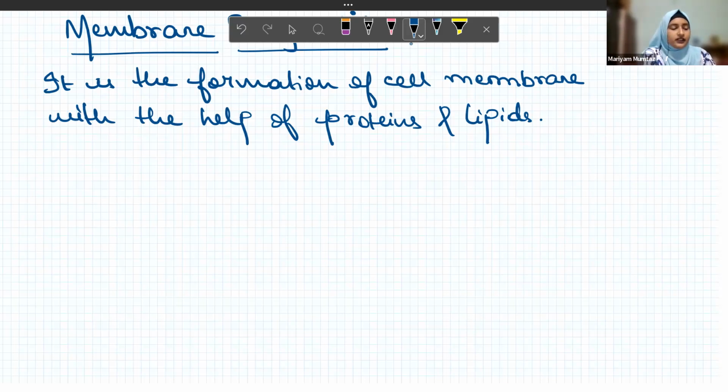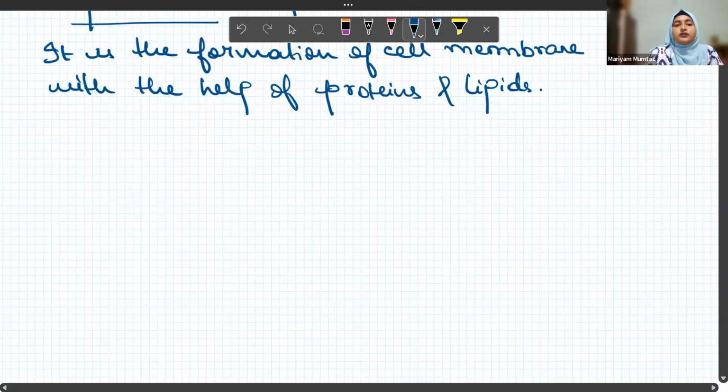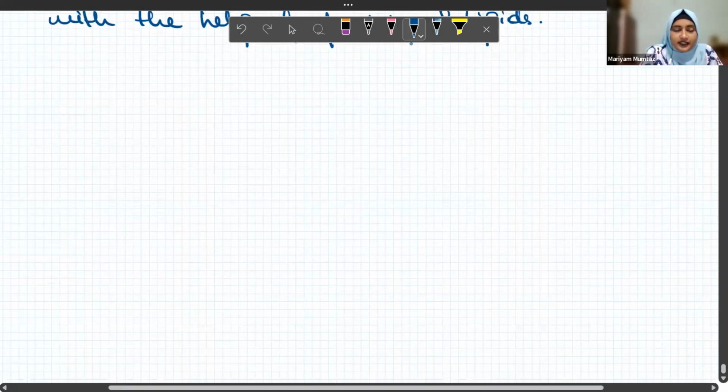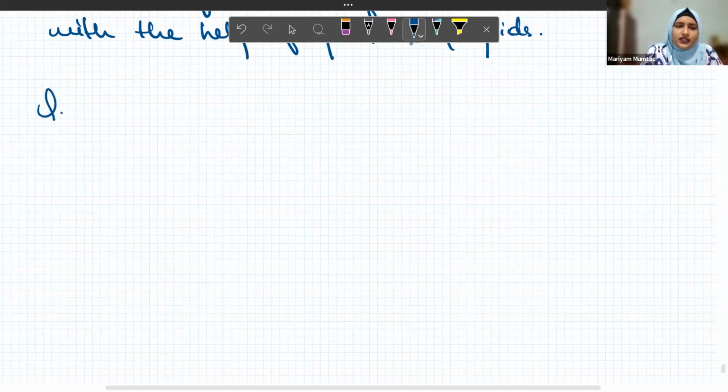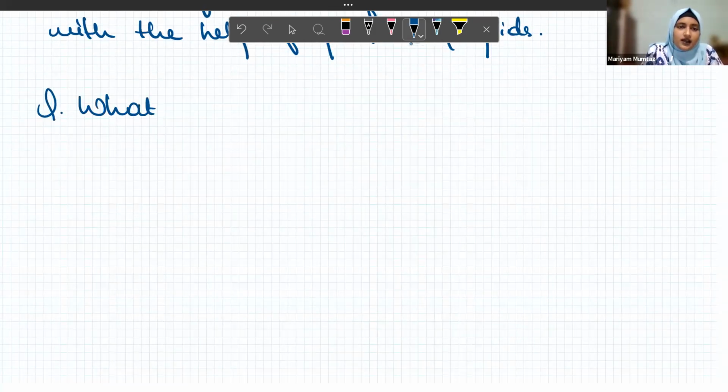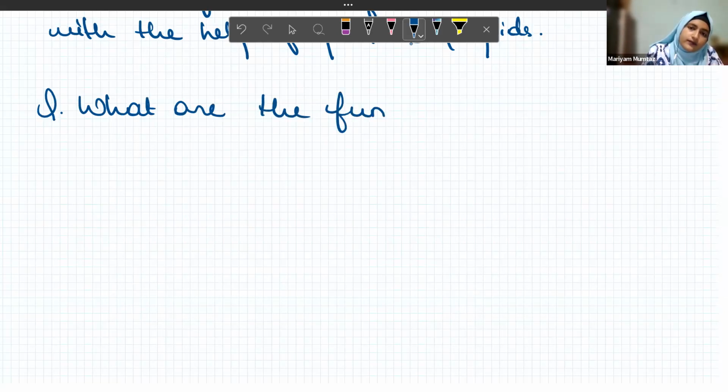Now, let's talk more about the functions of the endoplasmic reticulum. Write it as a question: what are the functions of endoplasmic reticulum?